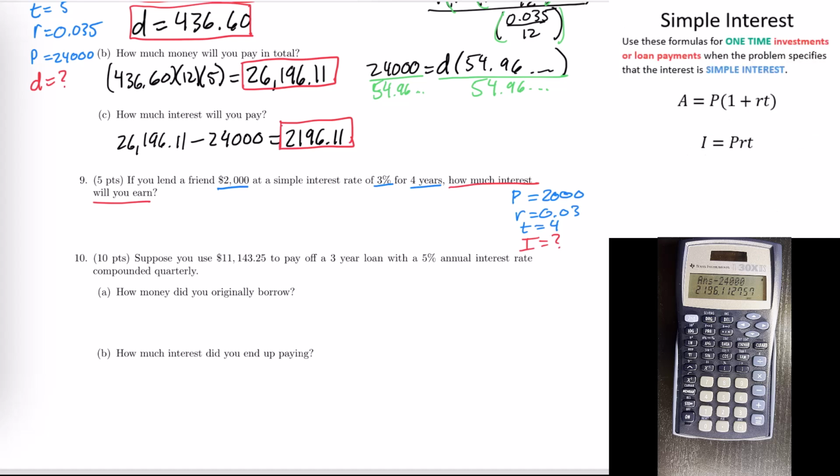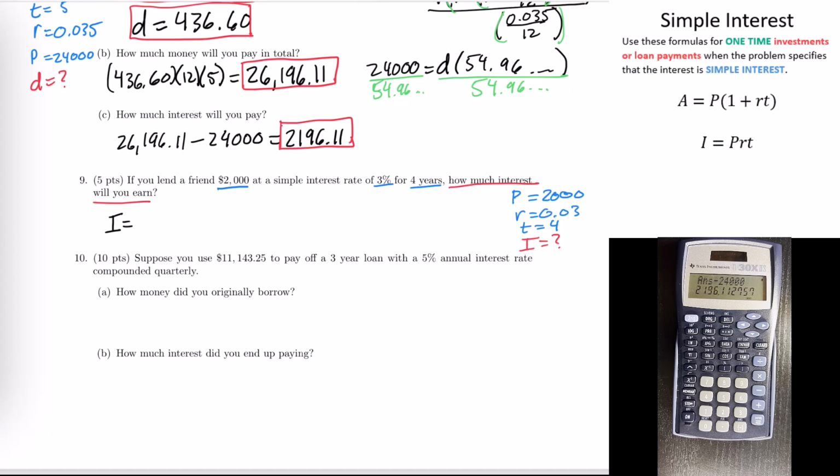And when we look at the simple interest formula, the one that's going to help us in this situation is the second one, because that's the one that involves I. And to find that interest, we're going to basically just plug in our numbers.